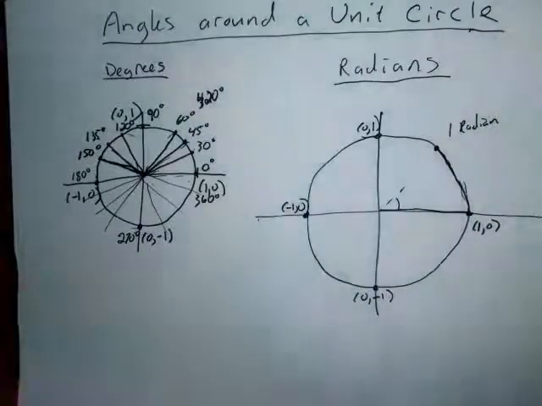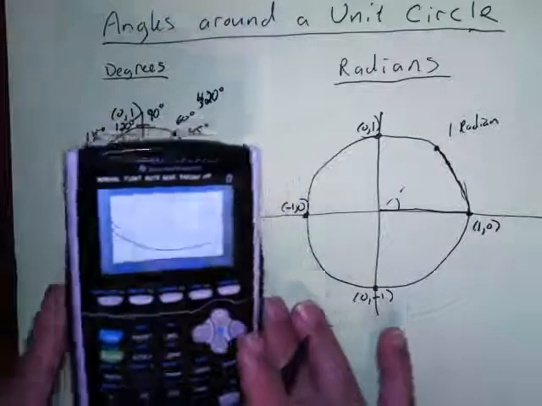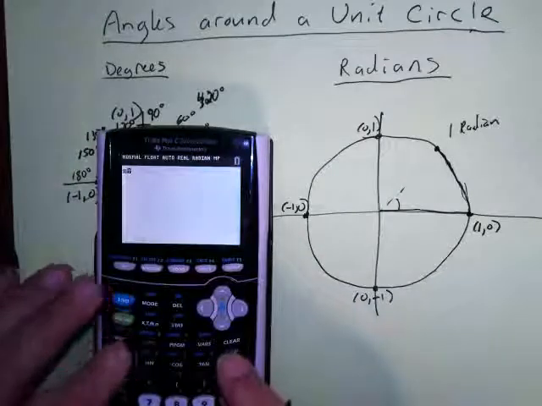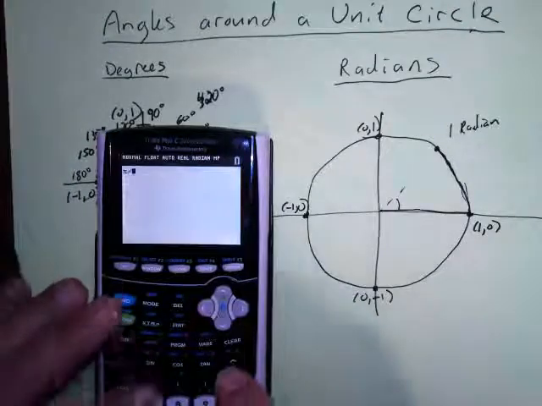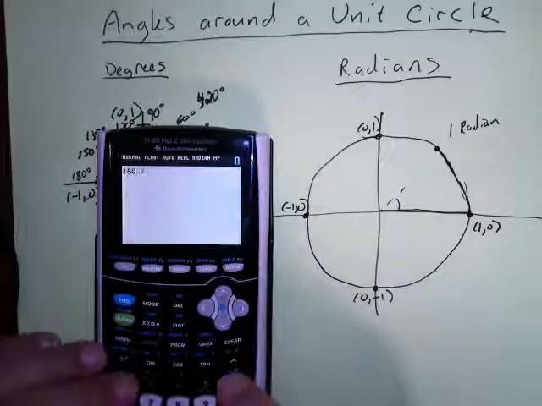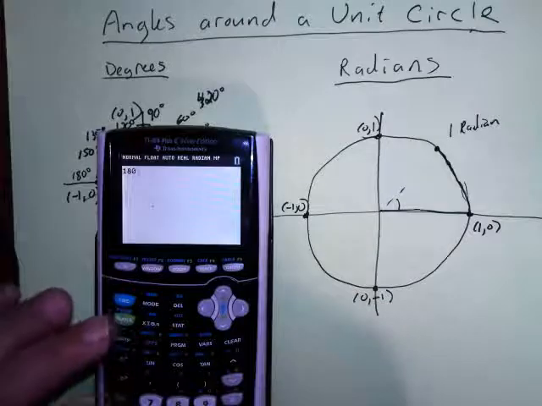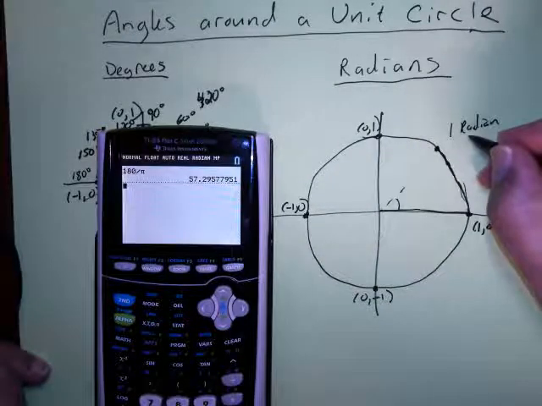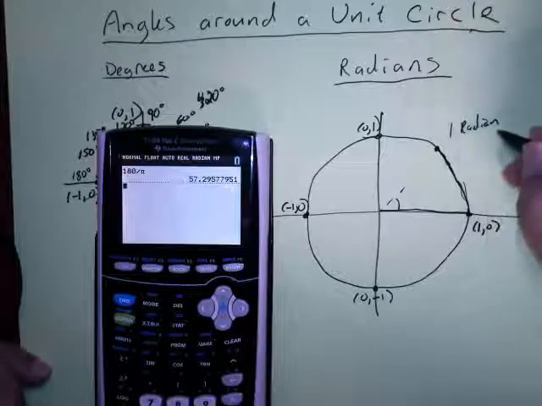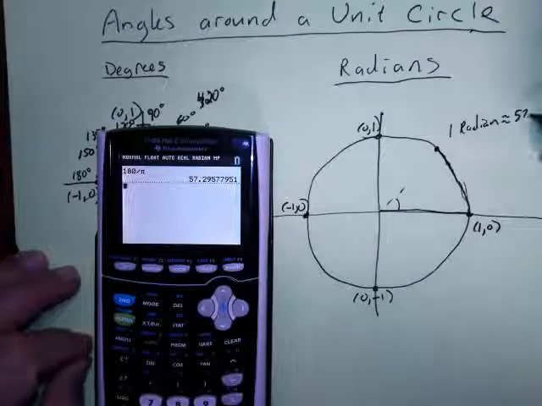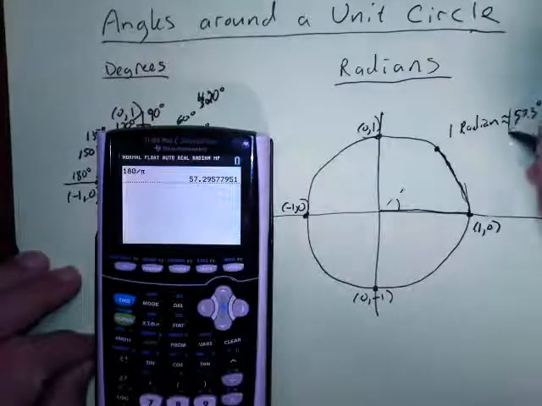Let me give you maybe a few more decimal places. It's 180 divided by pi, and that's approximately 57.3 degrees if I round to 1 decimal place.